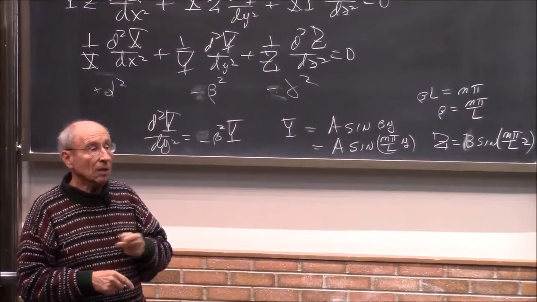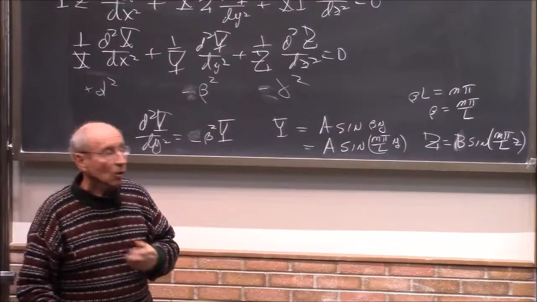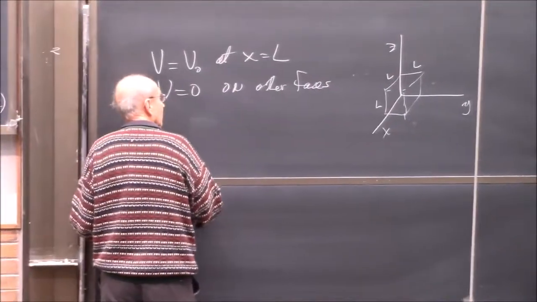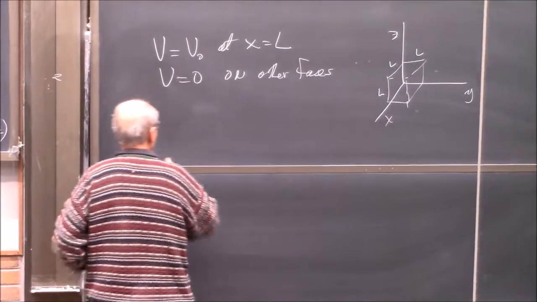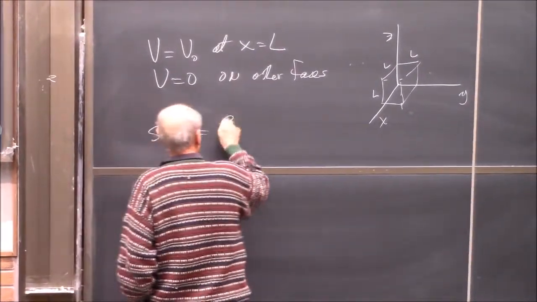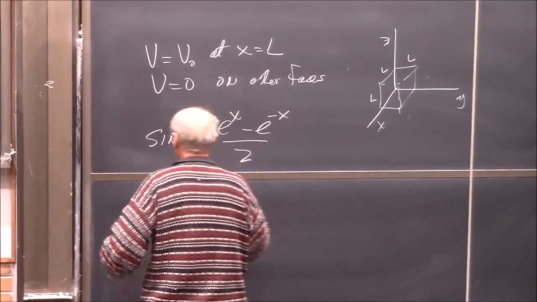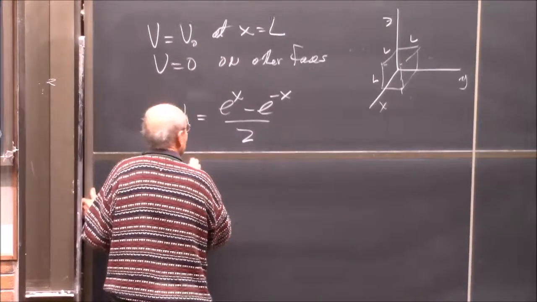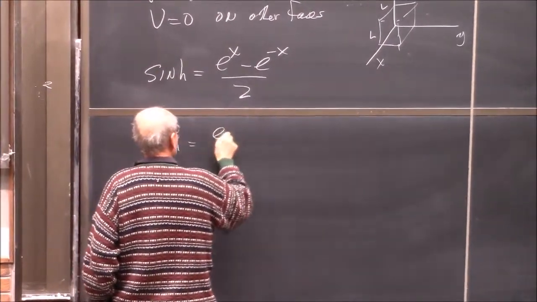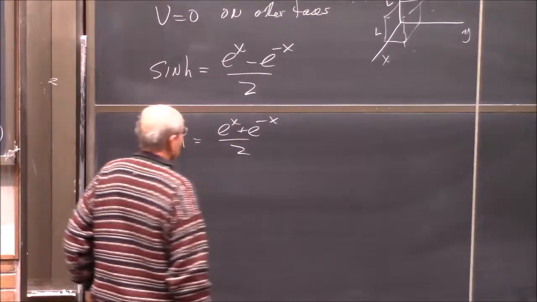And if this is a plus sign, it meant the solutions were exponentials. And we could write them as a e to the x plus b e to the minus x. Or it's more convenient to define a combination, namely the hyperbolic sine, e to the x minus e to the minus x over 2, and the hyperbolic cosine, e to the x plus e to the minus x over 2.